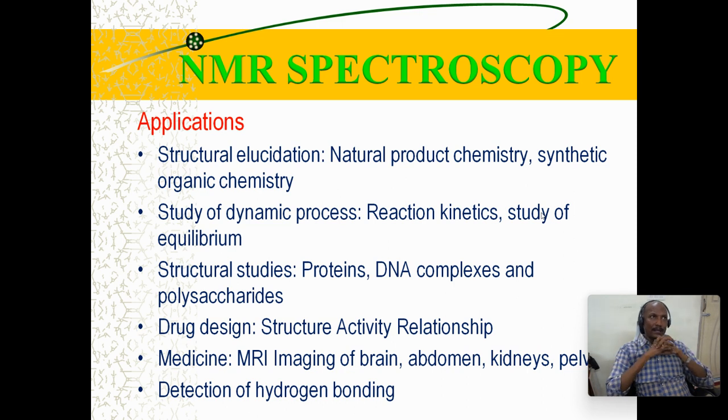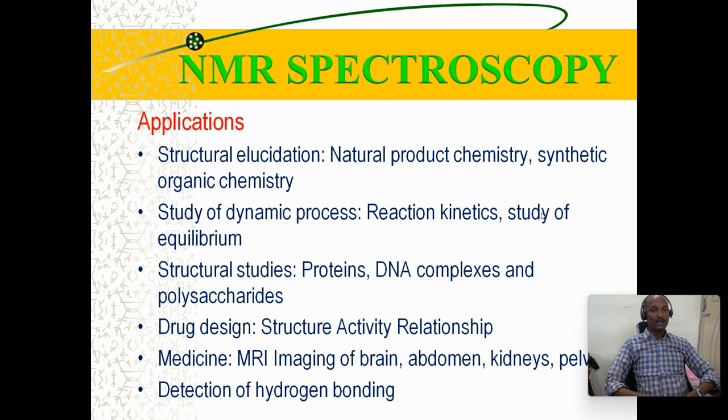This nuclear magnetic resonance spectroscopy has very wide applications in analytical chemistry. What are the important applications of nuclear magnetic resonance spectroscopy? It is widely useful for structural elucidation, especially in natural product chemistry as well as synthetic organic chemistry.